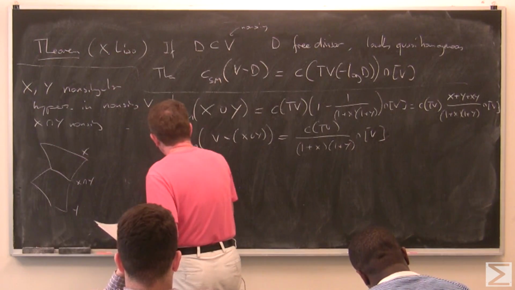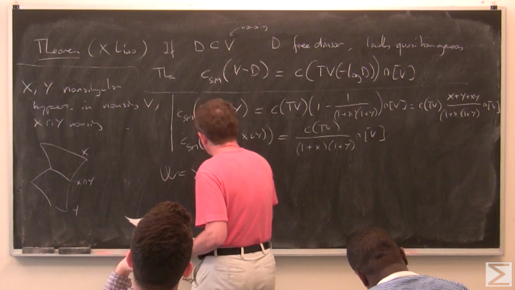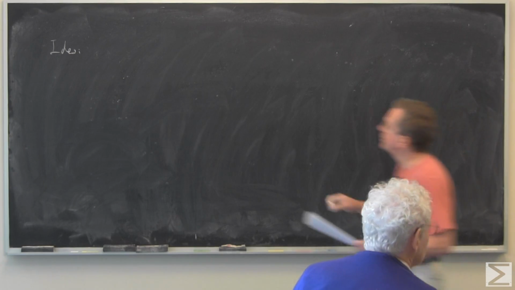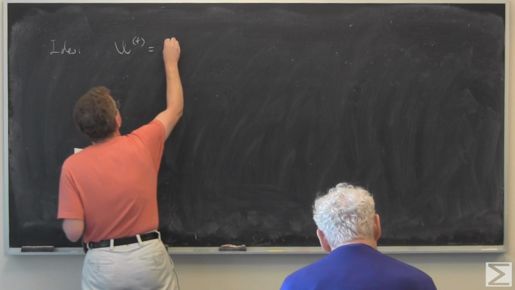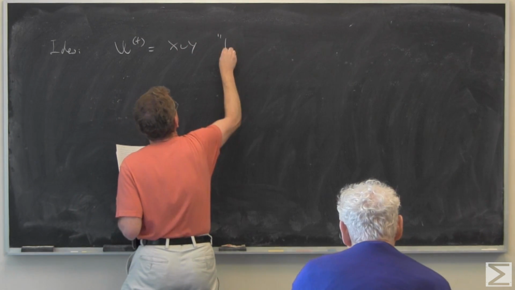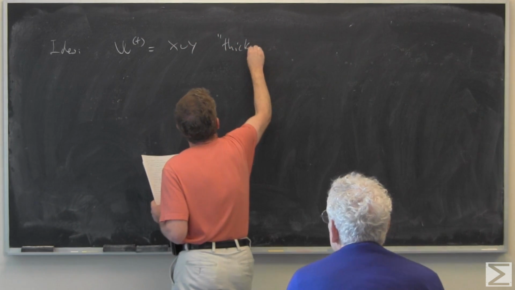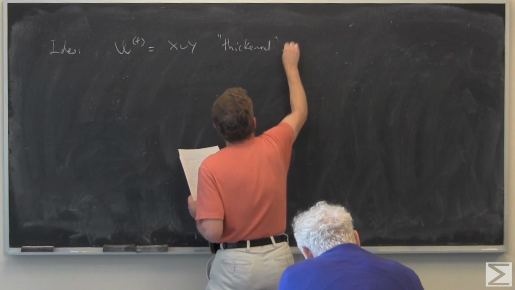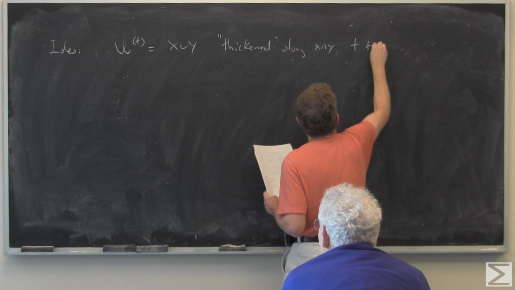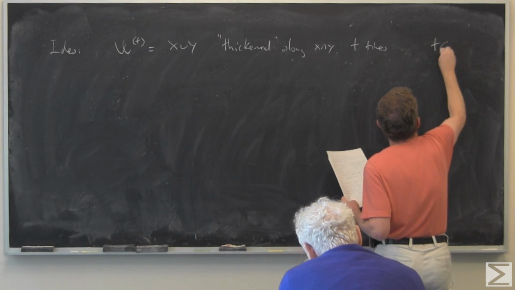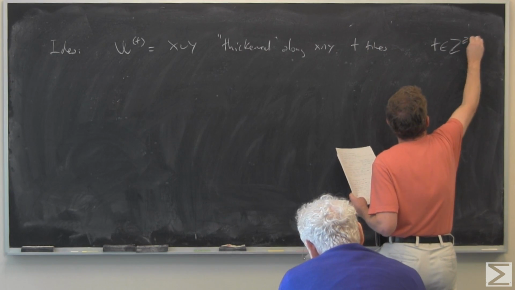I'll let W be X union Y, and I'll let W_t be X union Y thickened along X intersection Y t times. What is t? t is some non-negative integer.